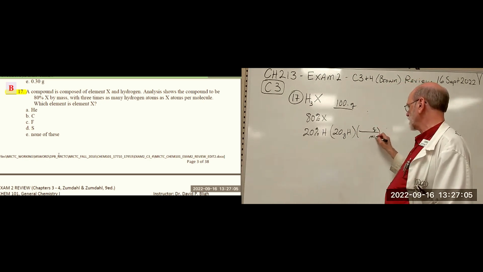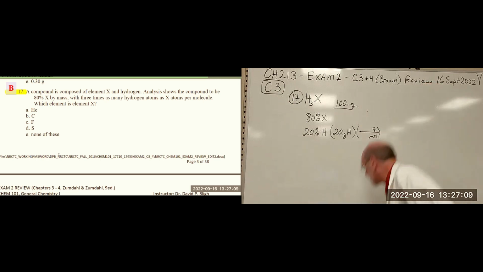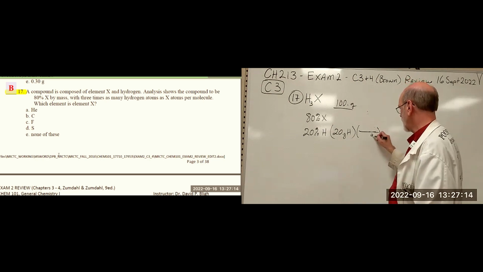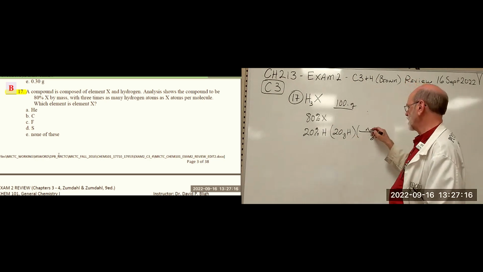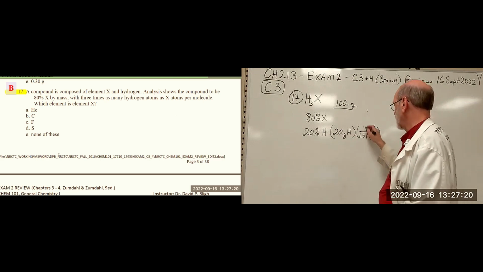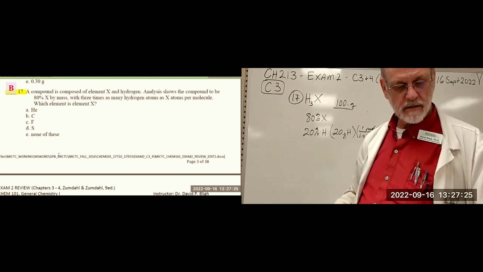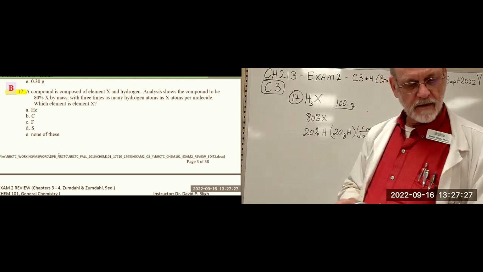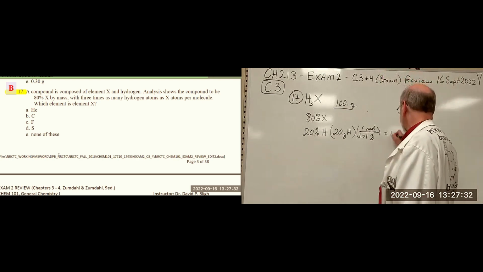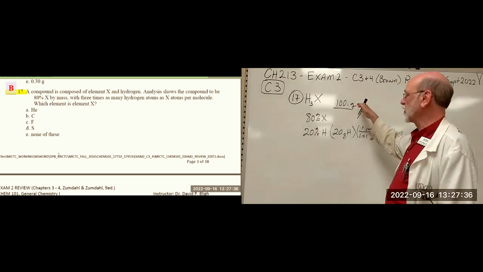Grams on the bottom, that's in the denominator. That'll tell us the number of moles. So hydrogen is 1.01. If we divide 1.01 into 20, we get 19.8. We have 19.8 moles of hydrogen in 100 grams.